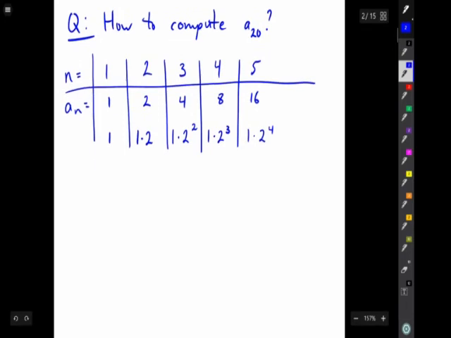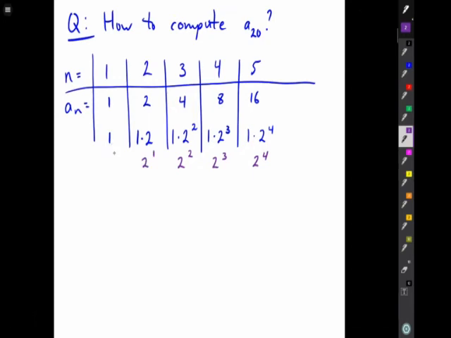So if we look at this, there's a certain pattern we can try and tease out here. This is just 2 to the 4th. This is 2 cubed. This is 2 squared. And I had it earlier and erased it, but this is 2 to the first power.